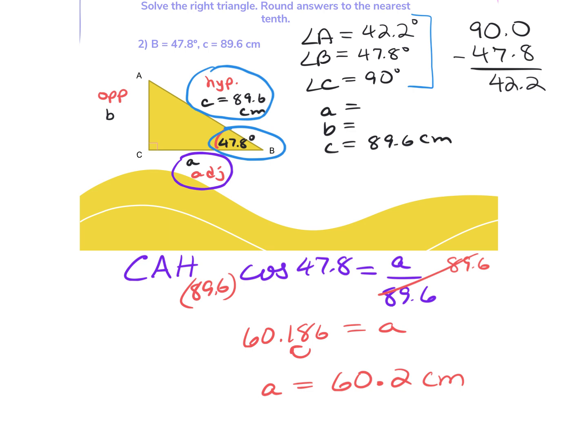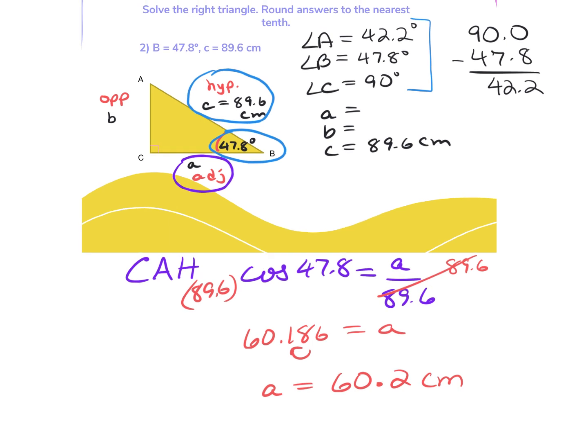So B, again, I'm still using my original. I don't want to use this newly calculated number, because if I did something wrong, then for sure my B is going to be wrong as well. So yes, opposite and hypotenuse.